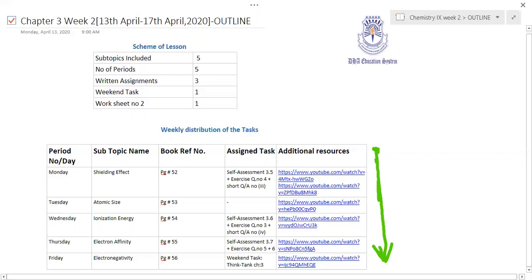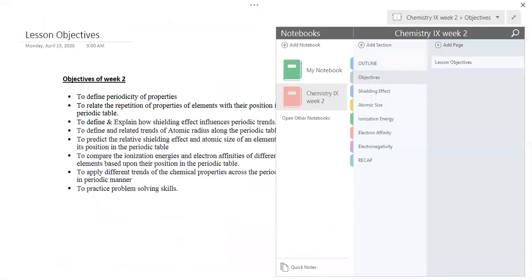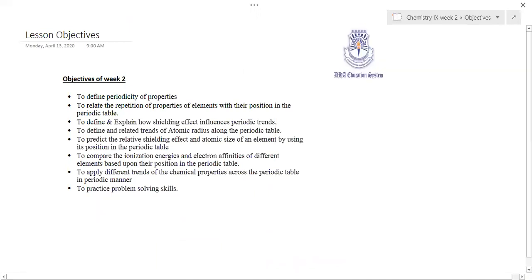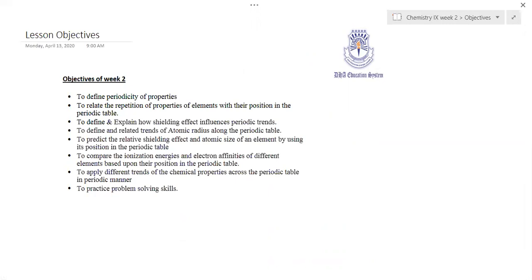Let's move to the objectives of this week. For this week, we have lesson objectives as we are going to define periodicity of properties. Then after this whole lesson, you should be able to relate the repetition of properties of elements with their position in the periodic table. Defining and explaining how shielding effect is influencing the periodic trends.